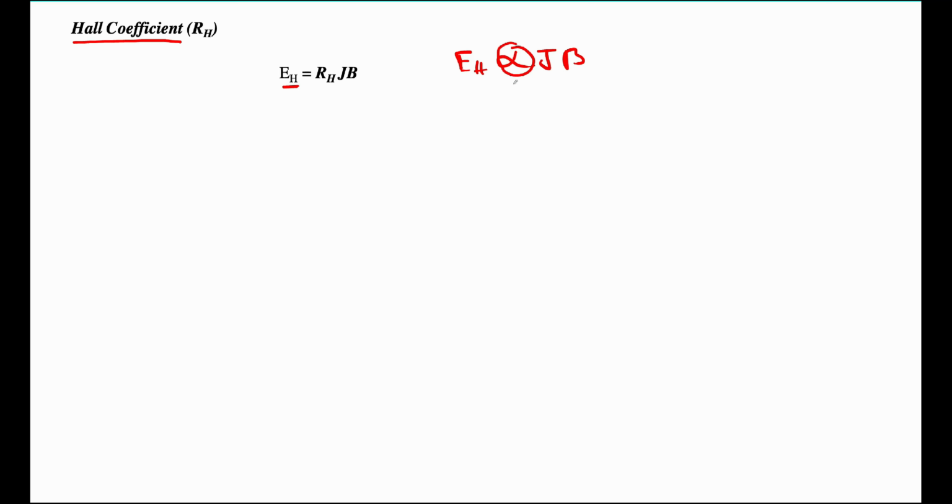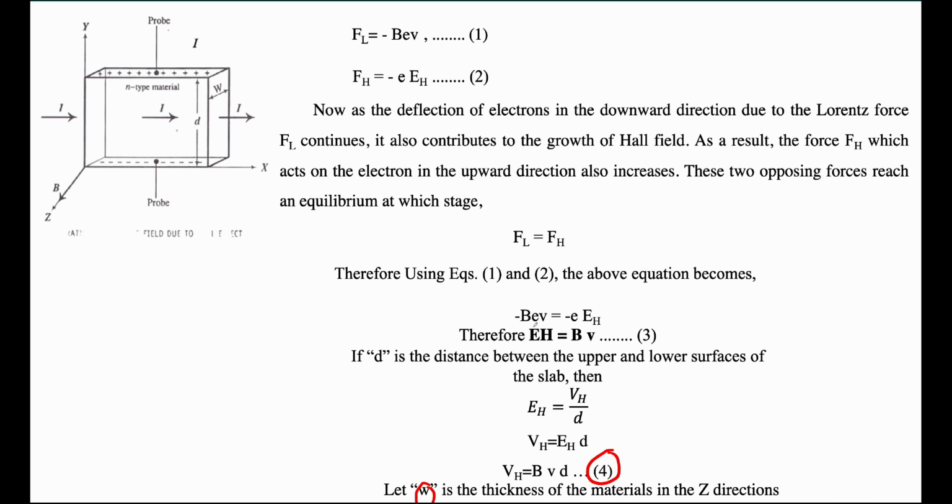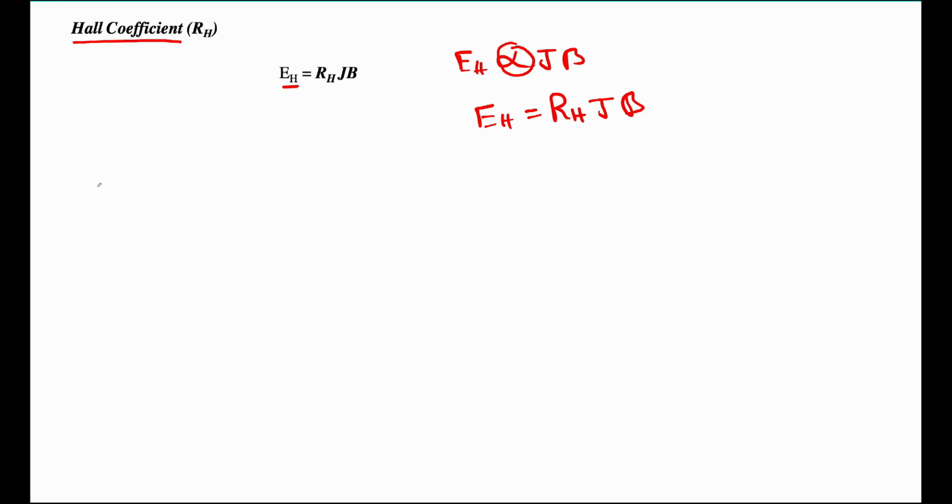To remove this proportionality, we consider EH equals RH, where RH is the Hall coefficient, times J into B. As we already know what EH is, EH equals VH divided by D. So just write EH equals VH divided by D.